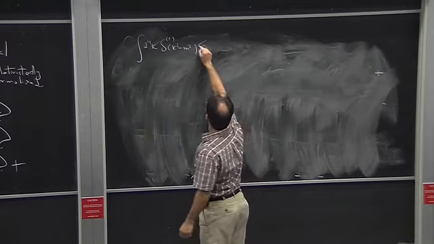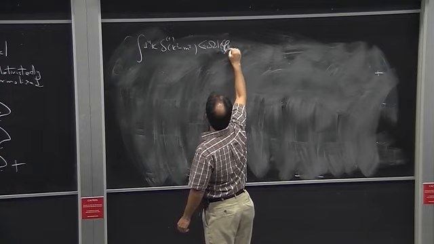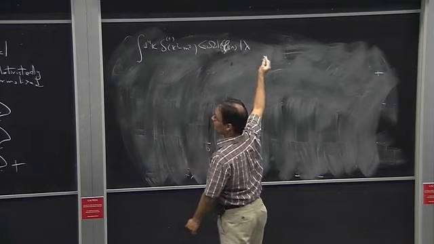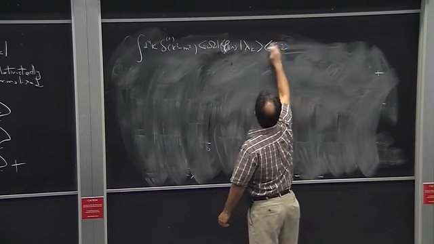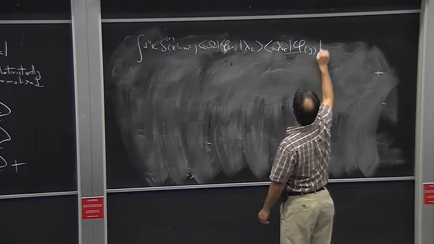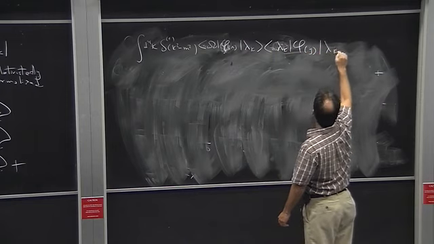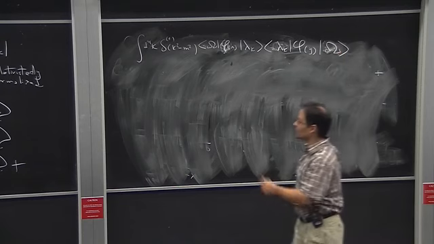Now we have this with the field phi of x, lambda k, the field at y, and so on. Okay?